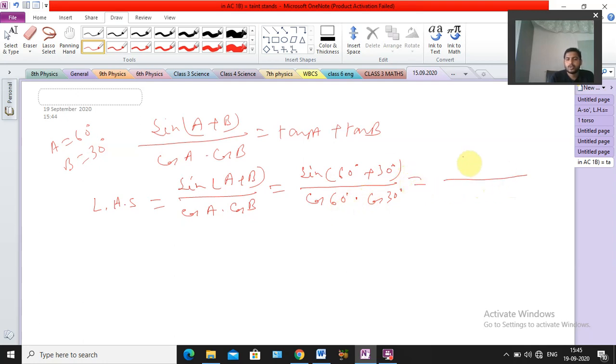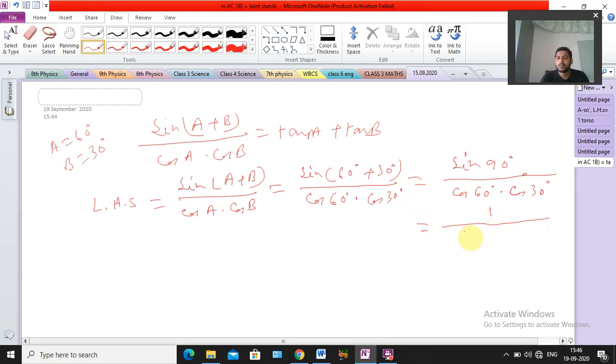Next, we'll get sin 90 degree, 60 plus 30 is 90 degree. And the denominator is cos 60 degree into cos 30 degree. Now sin 90 degree is 1, cos 60 degree is 1 by 2, into cos 30 degree, root 3 by 2.